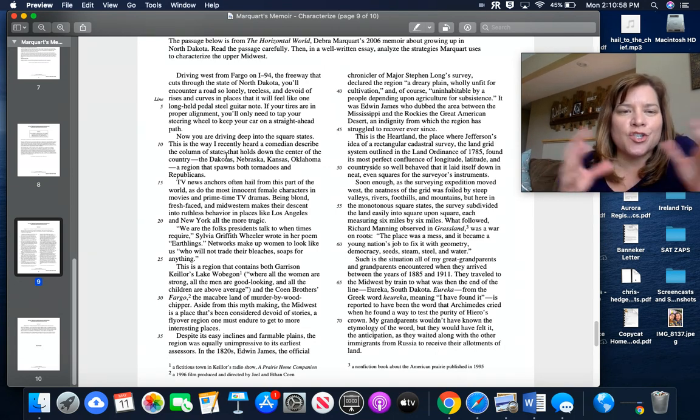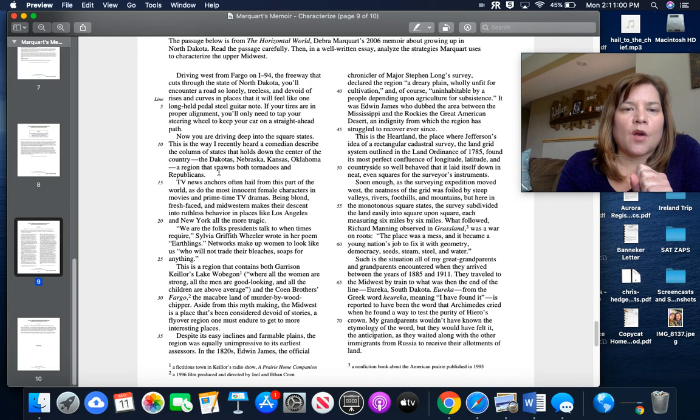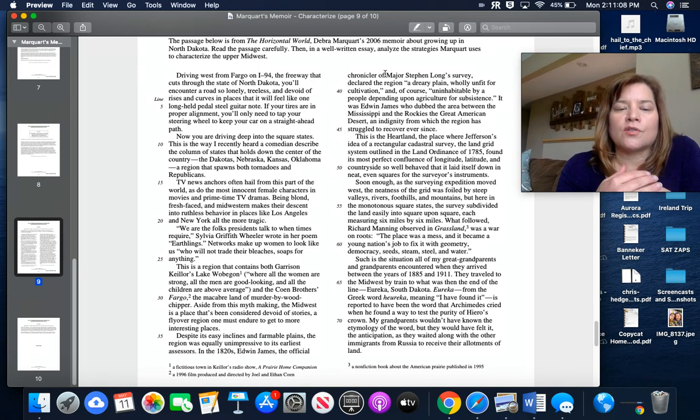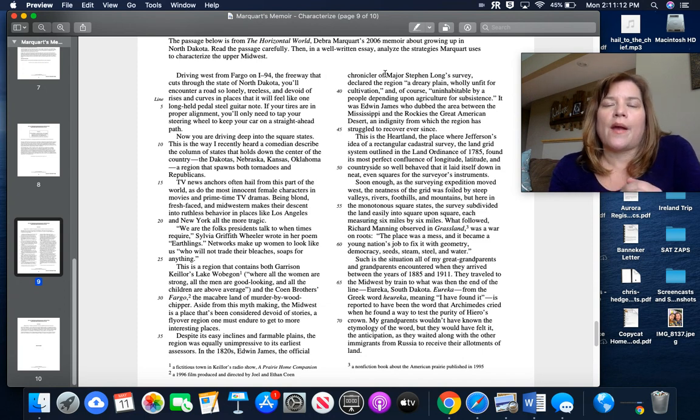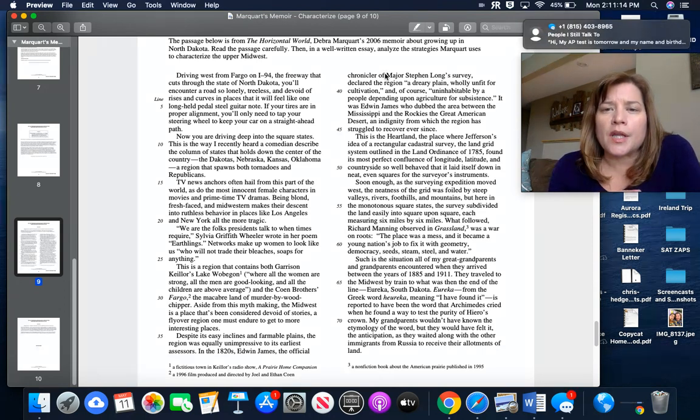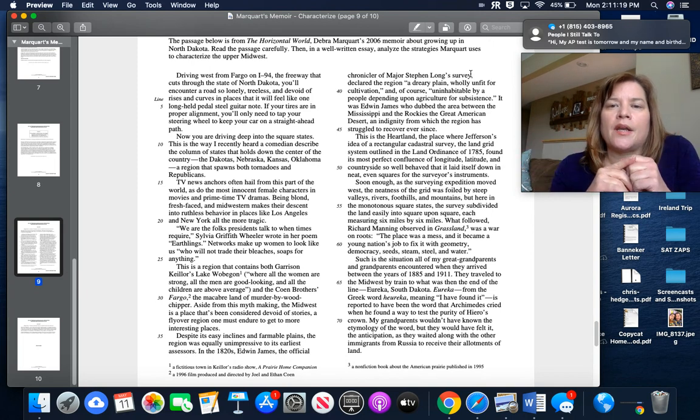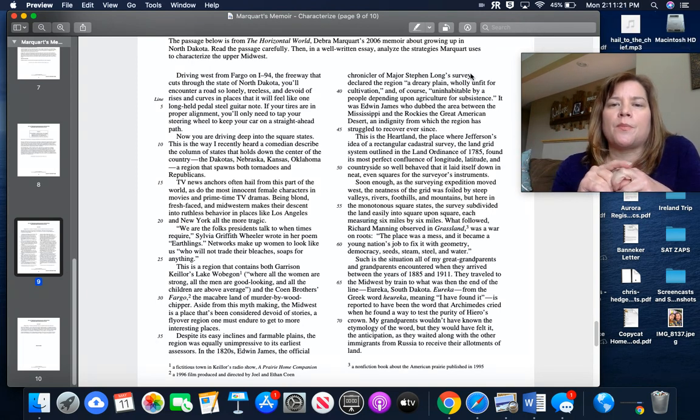So, unchanging. "A region that spawns both tornadoes and Republicans." Then we've got unimpressive. And then Major Stephen Long's survey, historical evidence that she's using here, describes the region as a dreary plain, wholly unfit for cultivation, uninhabitable by people depending upon agriculture for its subsistence.